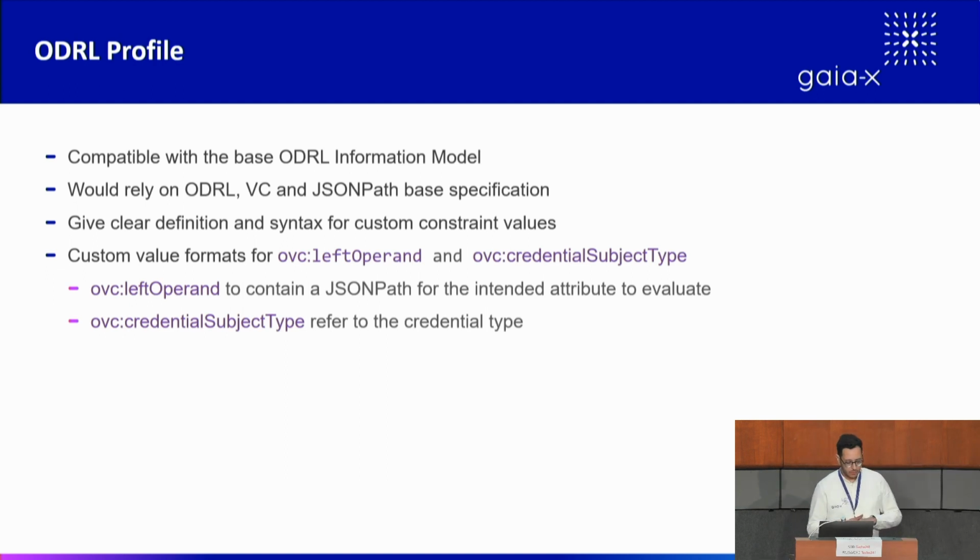So here we have two additional values for the attributes OVC left operand and OVC credential subject type. For the first one, OVC left operand, it must contain a JSON path for the intended attribute to evaluate, like we've seen in the example before and some other examples incoming. And we also have the attribute OVC credential subject type, which refers to the actual credential type we want to evaluate.